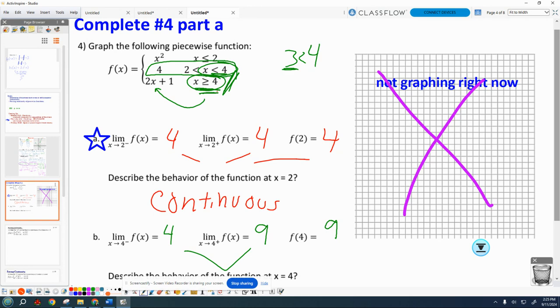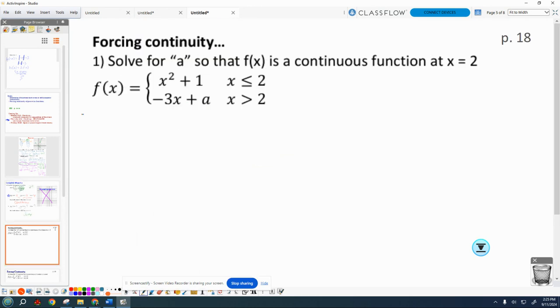Okay, I need to get us to this page. We need to do at least one of these examples. So here, I'm gonna force the function to be continuous. I want it to be smooth and continuous. To be continuous, I need 3 conditions to be true.